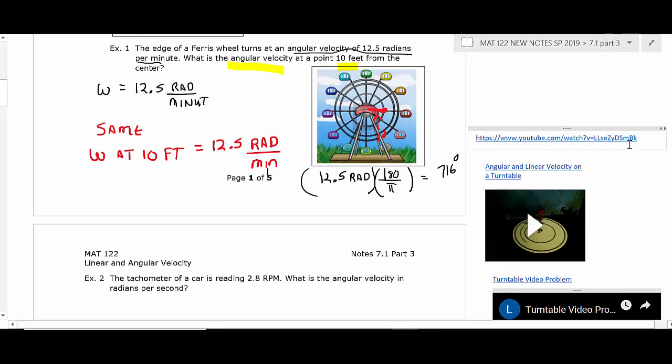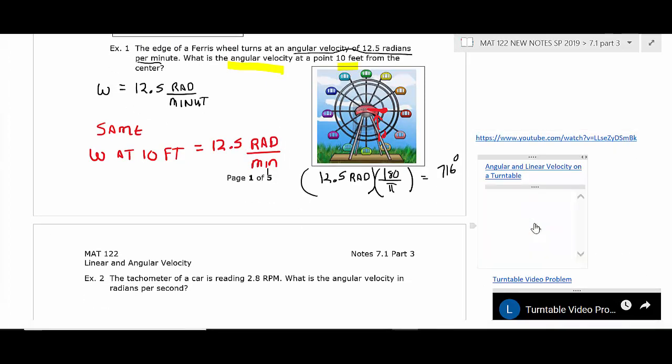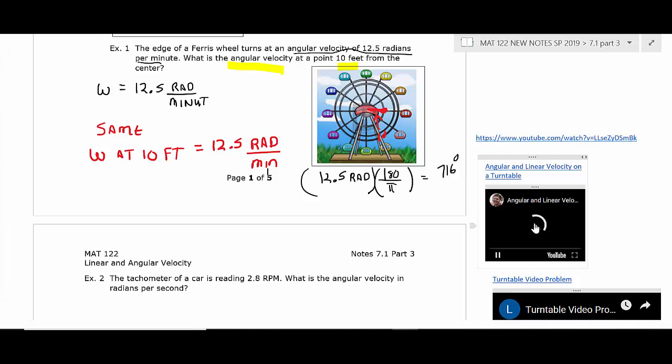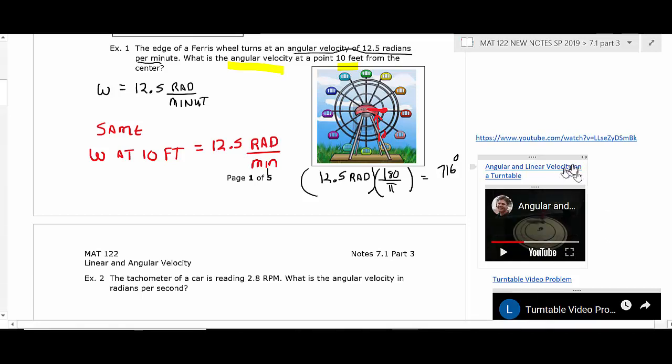All right, so I'm going to show this in 2 different ways. I'm going to take a look at this little video. I guess some physics teacher or math teacher must have made this up. And you may not be able to see this very well. Okay, well, you can kind of see that on there.